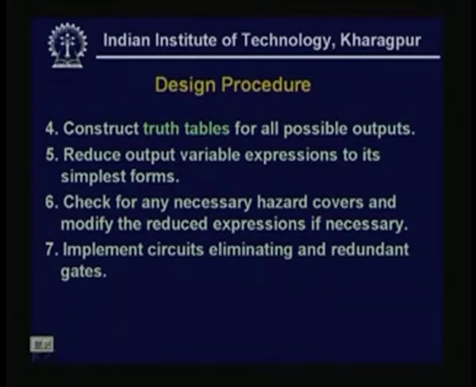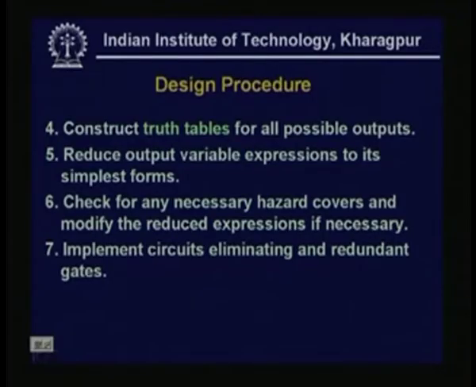Now, check for any necessary hazard covers and modify the reduced expressions if necessary. Now, we will see whether the set of reduced expressions has some static hazards or dynamic hazards or not. Then the last day the method we discussed, by introducing the redundant implicant we can remove the hazards.